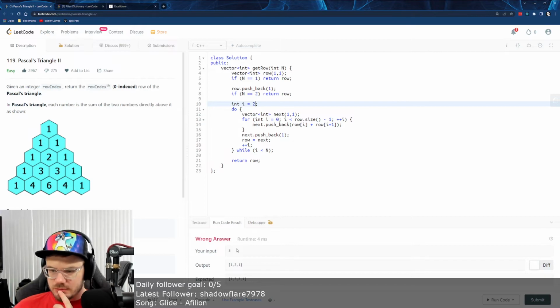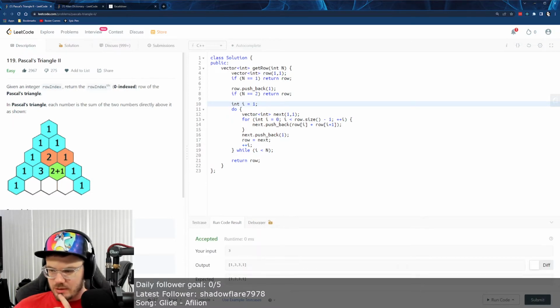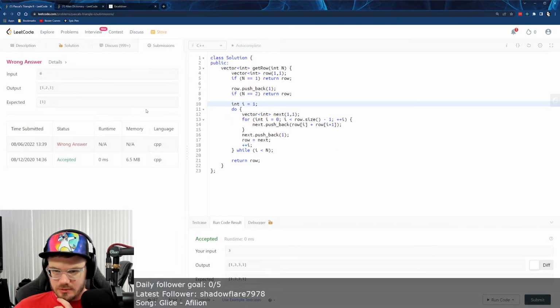So for i equals 3, 1, 1, 1, 1, 2, 1. Oh, sorry, they want the 0 indexed row. So I would actually just be 1 here. Yeah, so that works. We can submit that and it will be accepted.